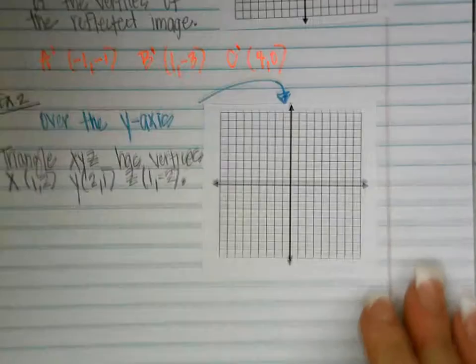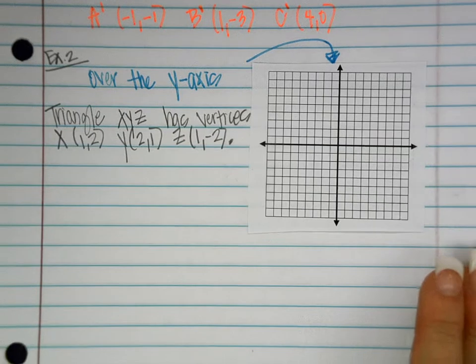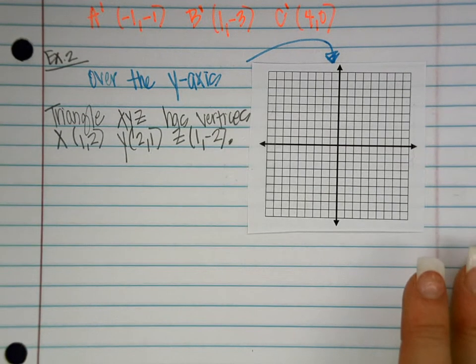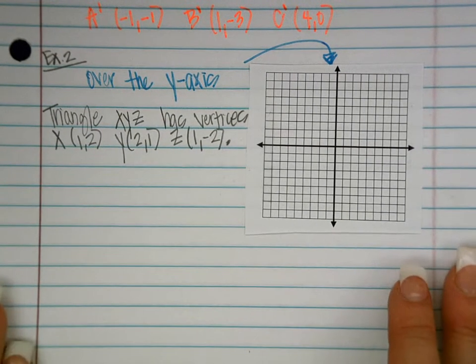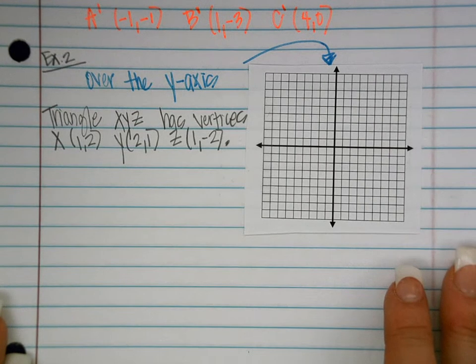X is at 1, 2. Y is at 2, 1. And Z is at 1, -2.